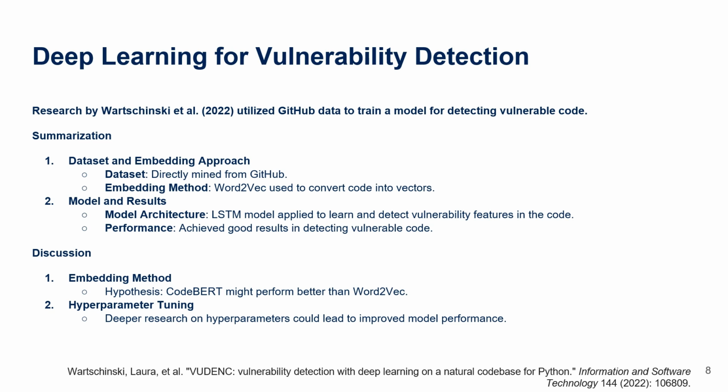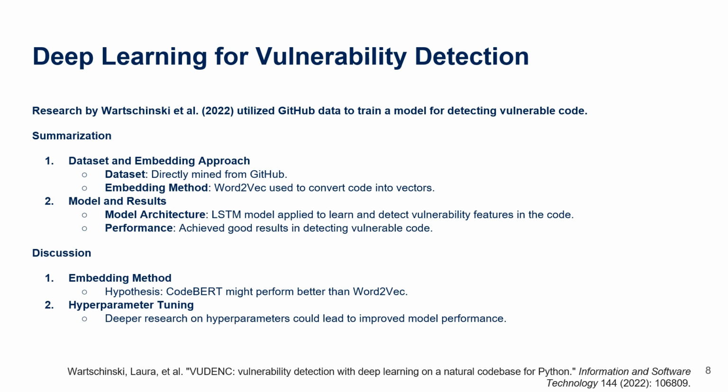However, there are still some aspects worth exploring. First, in terms of embedding methods, we believe that CodeBERT has better potential compared to word2vec. And second, the hyperparameters of the model are crucial for training, and their study only briefly discussed parameter tuning.